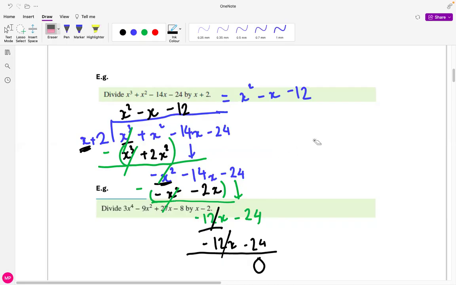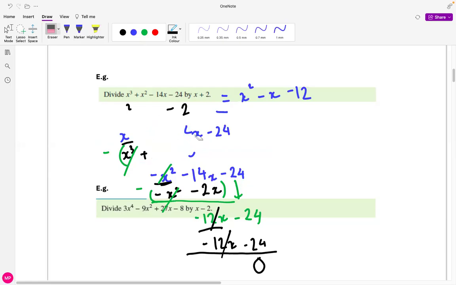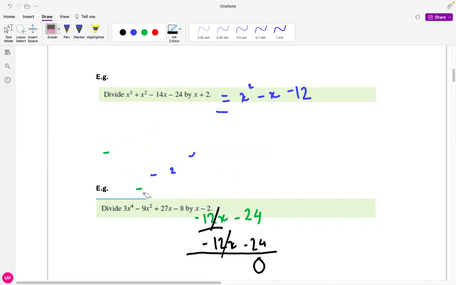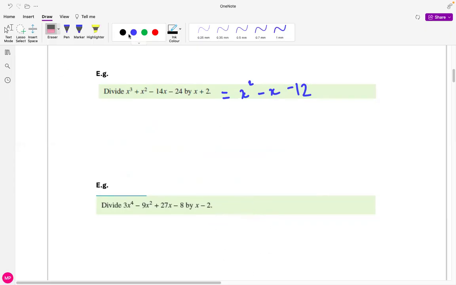There's a faster way, if you just draw a table out, and I'll show you how to do it. I'm going to draw a table and fill in all the coefficients.